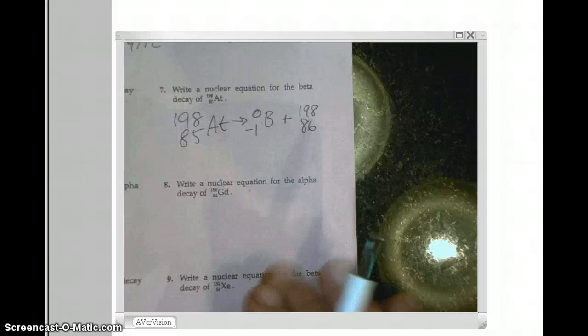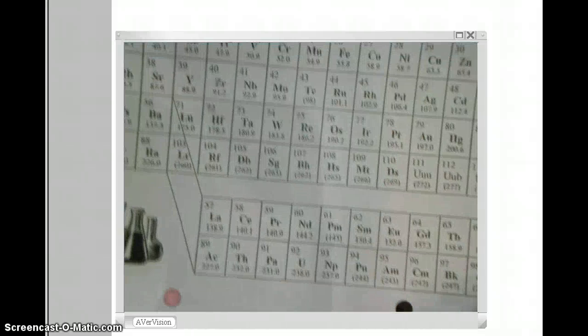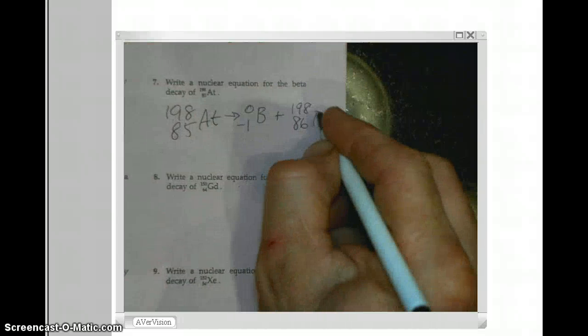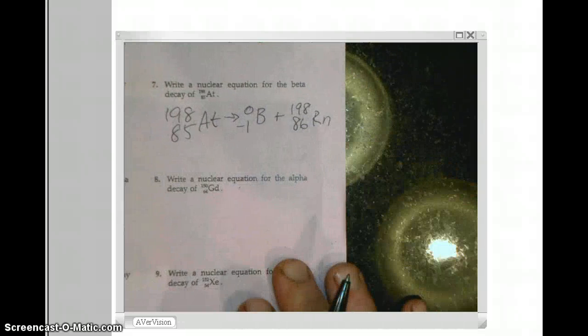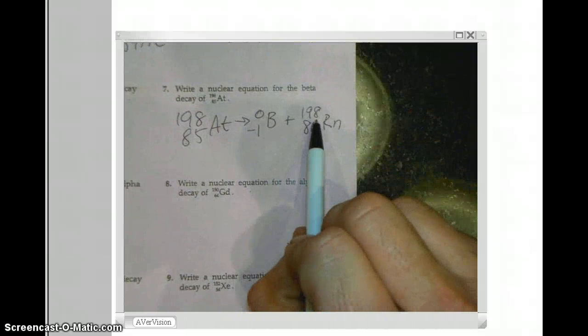So you actually add 1, and going back, 86 on our periodic table is that wonderful gas that we find in basements called radon gas, Rn. So as beta decay happens, you actually keep the same mass and you actually add the electrons.